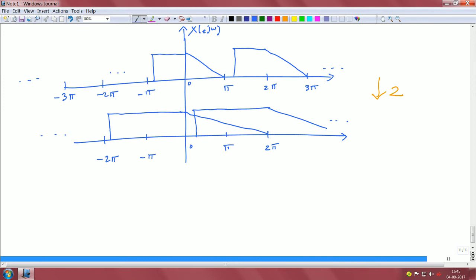So this is basically the frequency domain effect of the decimator.